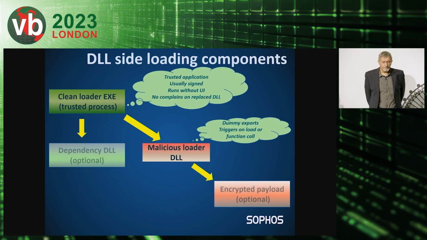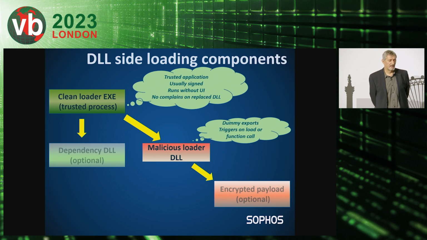And in particular, there are several components in a DLL sideloading scenario. The most important one is the clean loader executable, which is a trusted application. It's usually digitally signed. It should run without a user interface and should not complain if the original legit DLL file has been replaced by the malicious one.